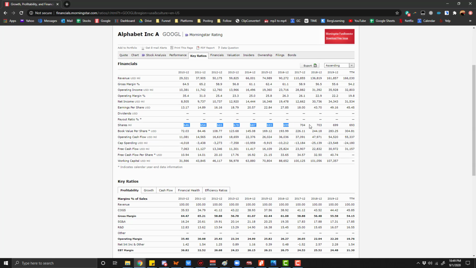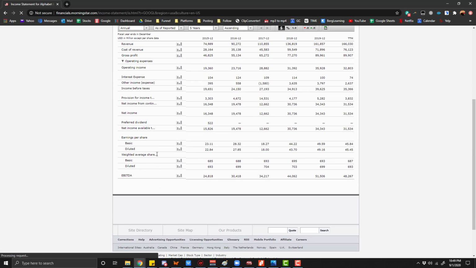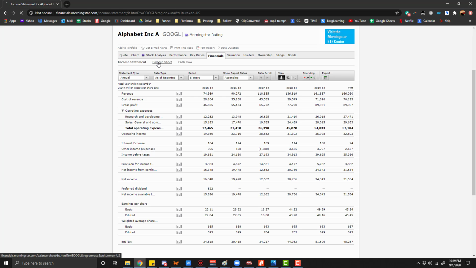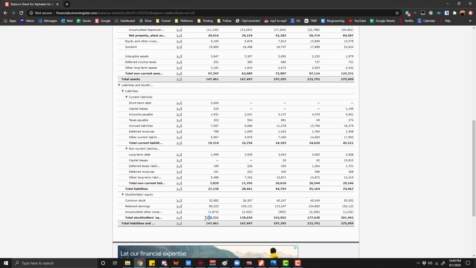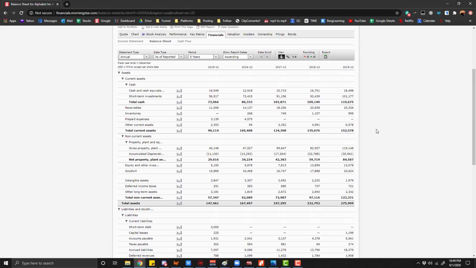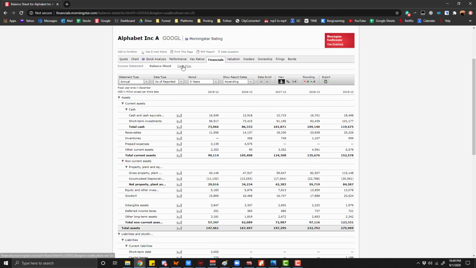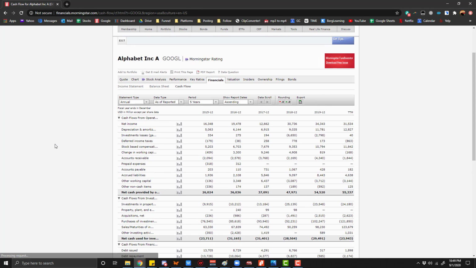So make sure that they're buying back shares, that the shares are actually decreasing, and that the book value per share is increasing along with the actual net worth of the company, which you see over here. The book value per share, the number of shares, and the stockholder equity. When stockholder equity is going up, the book value per share is going up, and the number of shares is going down, then you're actually getting more and more equity as a stockholder over time.